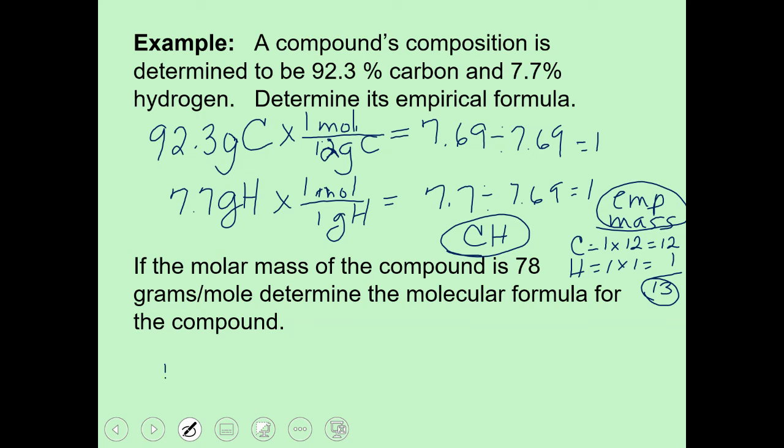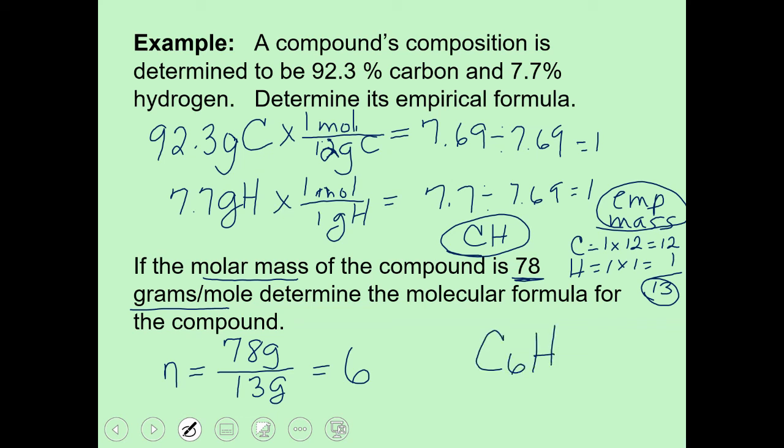So now to get our multiplier, we take the molar mass, which is 78, and we divide by the empirical mass, which is 13. 78 divided by 13, the multiplier is 6. Instead of 1 to 1, we get 6 to 6. This is a molecule of benzene.